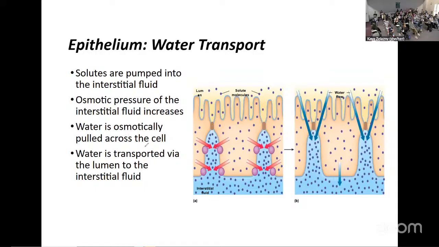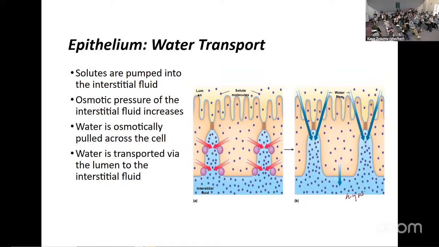In this case, let's focus on the basolateral membrane first. You can see that we've created a solute concentration where we have lower solutes inside, higher solutes outside. So this is essentially creating hypertonic extracellular fluid.